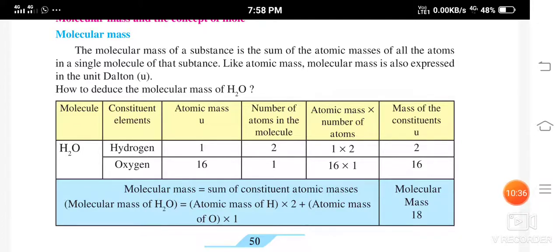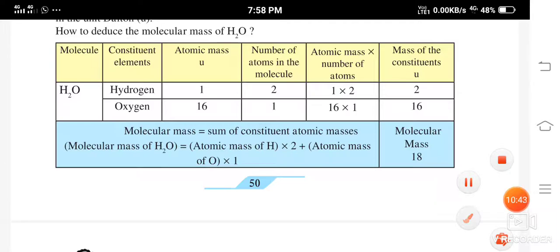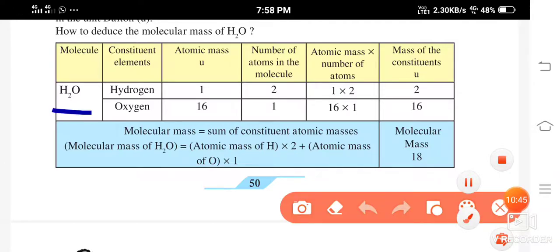See, below in the table you can see, water is given to you. The formula is H2O, isn't it? Now, hydrogen is 1, so this mass is 1. But how many atoms are there? 2 atoms are there. So, 2 into 1, it is 2.